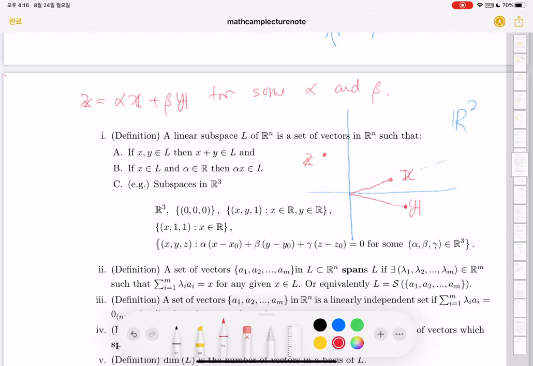For any point in R2, there are linear combination coefficients alpha and beta that give you that point. The whole space R2 is spanned by the x and y vectors.